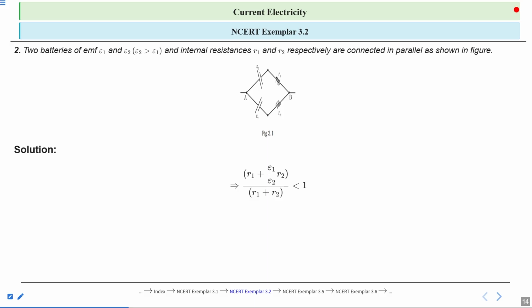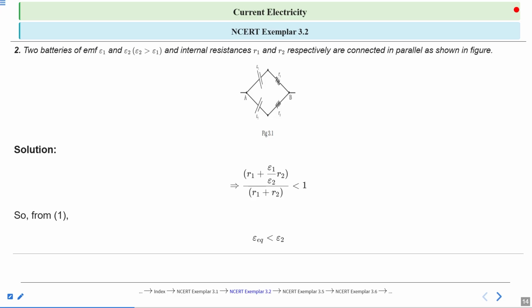So from equation 1, epsilon equivalent will be less than epsilon 2. So the equivalent EMF will be less than the EMF of the second cell. This thing we have derived.